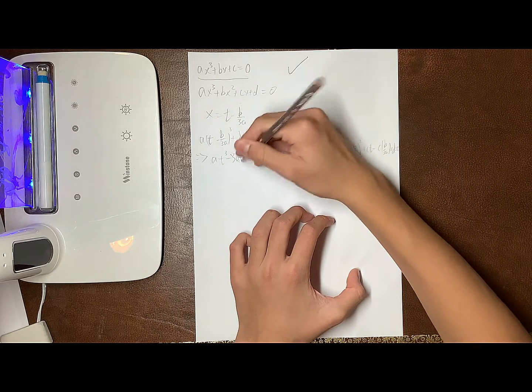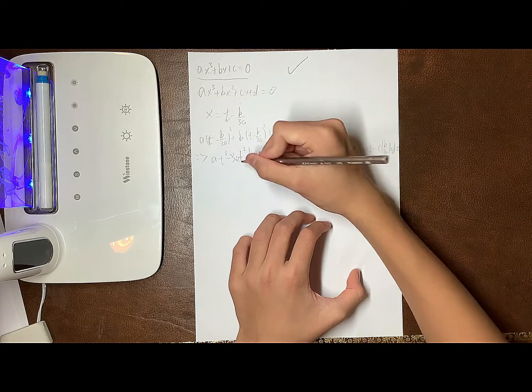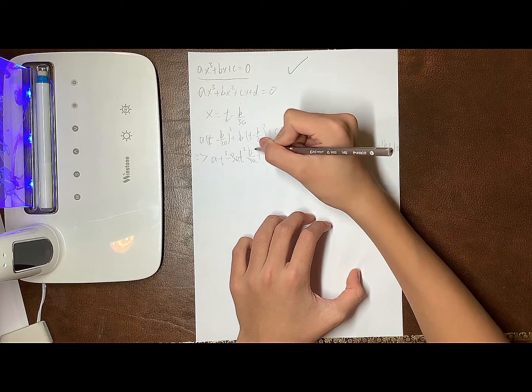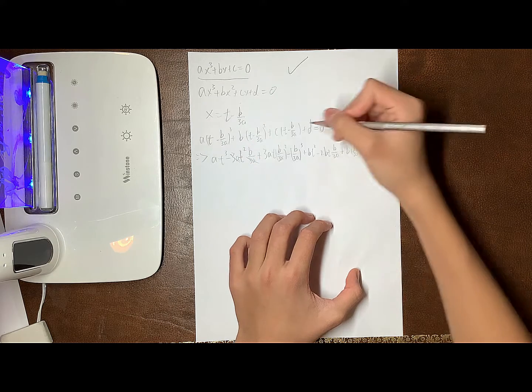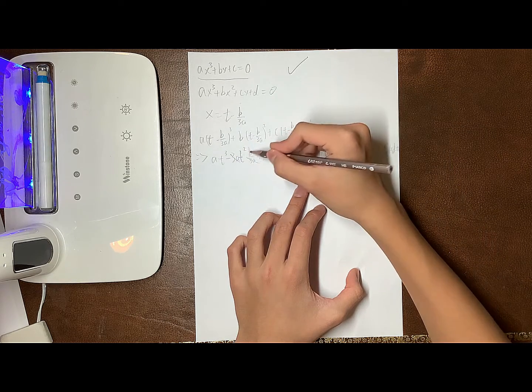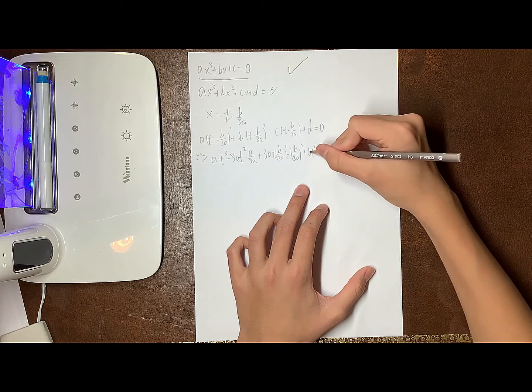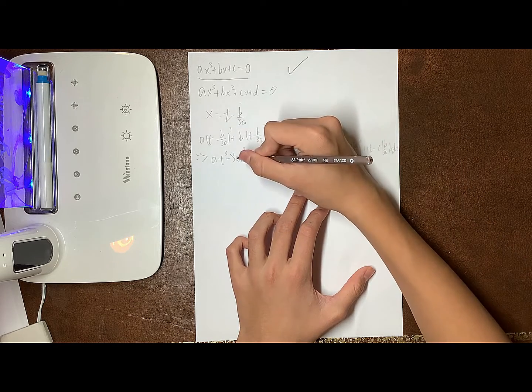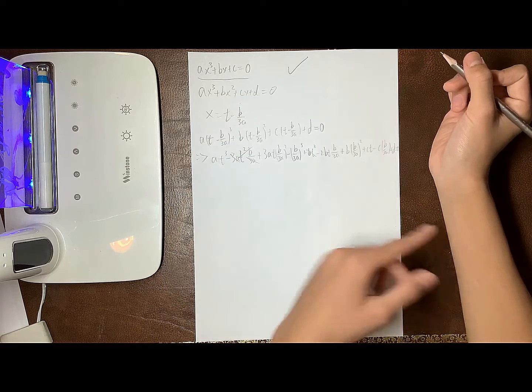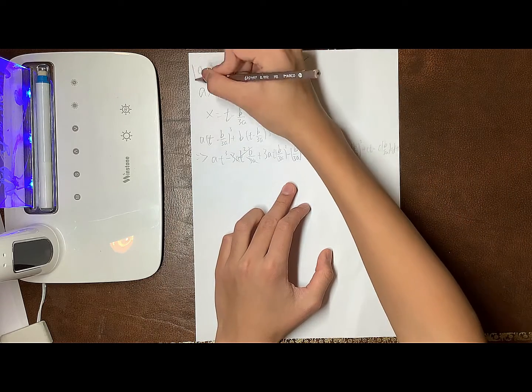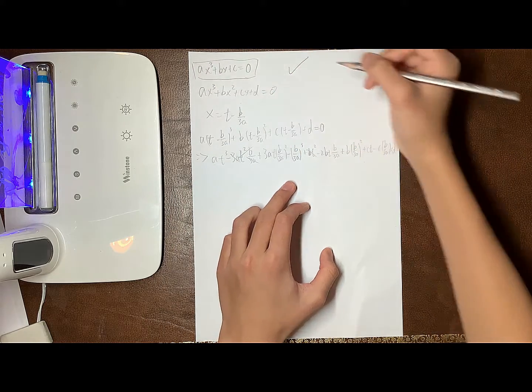So we have 3a cancel out 3a, so we have t squared b, so it's bt squared. And this is a minus bt squared, then we have plus bt squared, so they cancel out. So that will end up becoming a depressed cubic, the famous depressed cubic. So we can turn any cubics into depressed cubics.